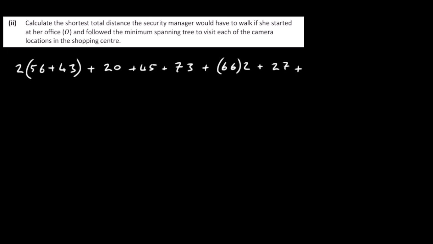Then she goes down to G, which is 48. And then she goes over to J, which is 59, then up to I, which is 88. Then she goes down to L, which is 21, and then up to K, which is 40. When you do all of that, you get 751, and that's in meters. So that's it for part B.